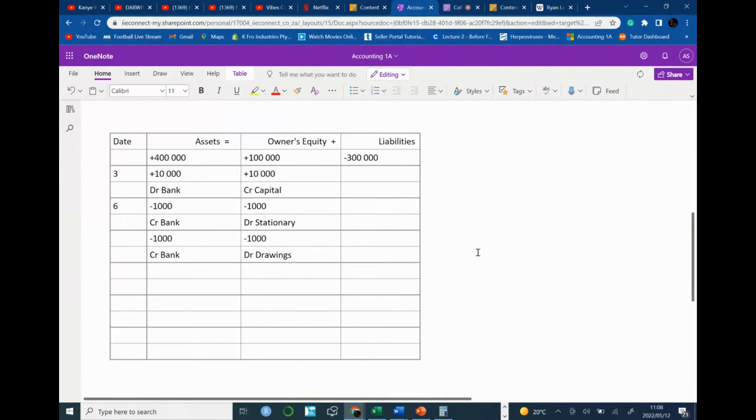Purchased inventory on credit, 15,000 from Pink Stores. We purchased it on the 7th on credit. So here we're going to credit creditors control, and we are going to debit trading inventory.